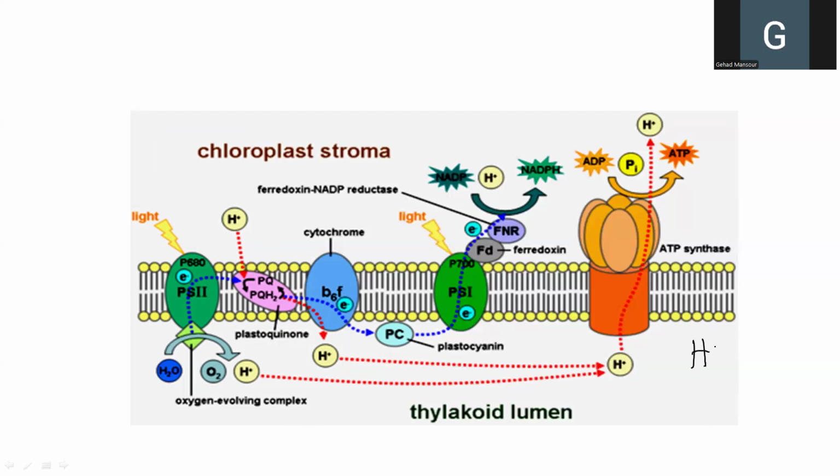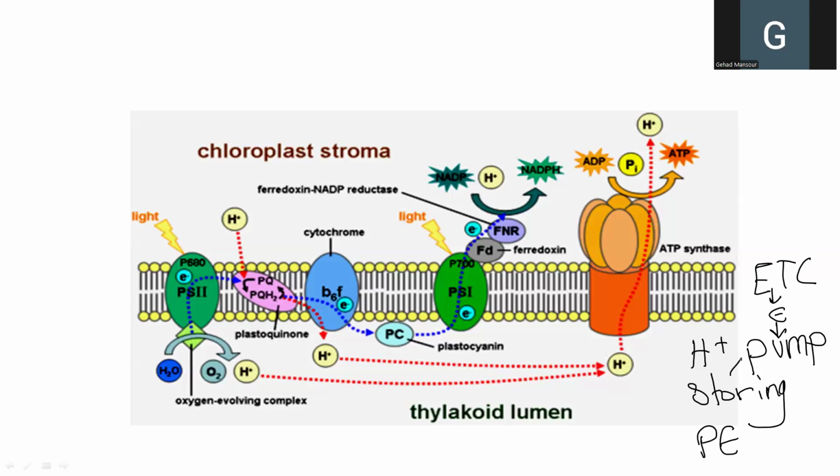So actually, we have energy that is released from the electron transport chain, and this energy is used to pump protons. And while pumping protons, we are doing two things. We are storing potential energy in these protons, and we are creating a gradient for diffusion, okay?